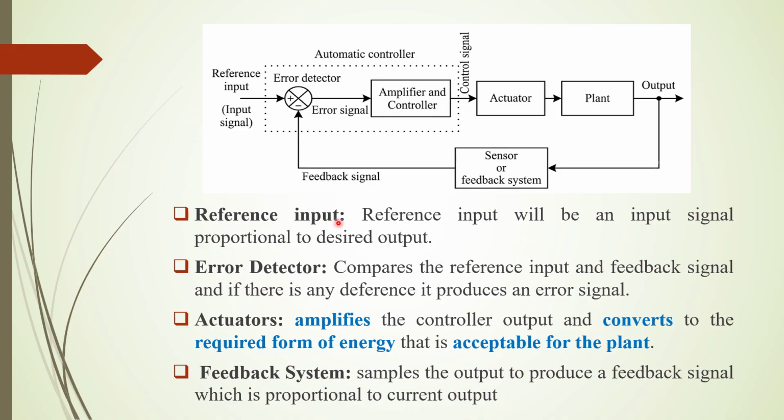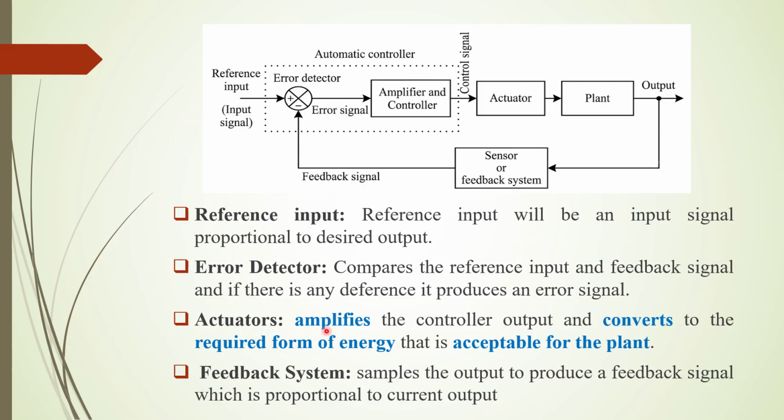Reference input will be an input signal proportional to the desired output. The error detector compares the reference input and feedback signal. If there is any difference, it produces an error signal.